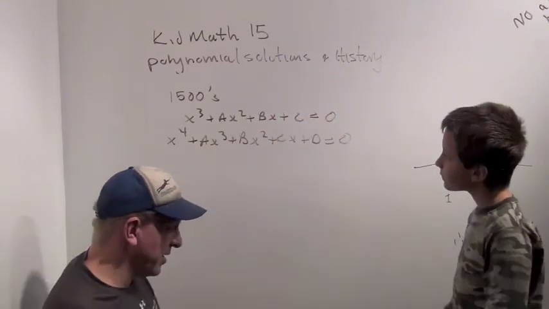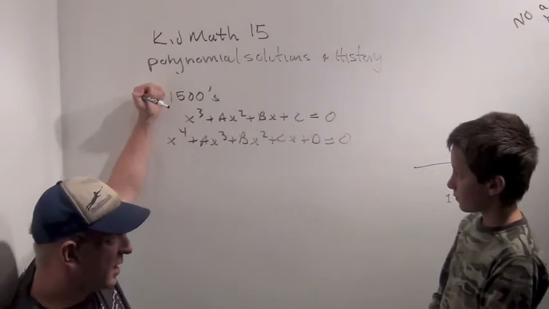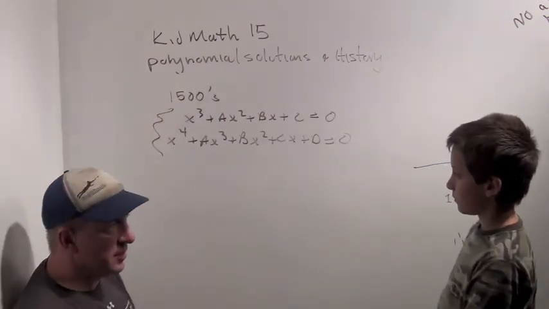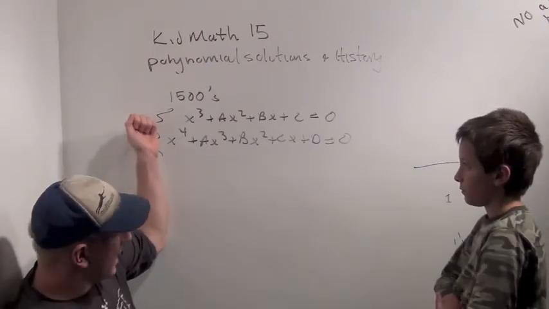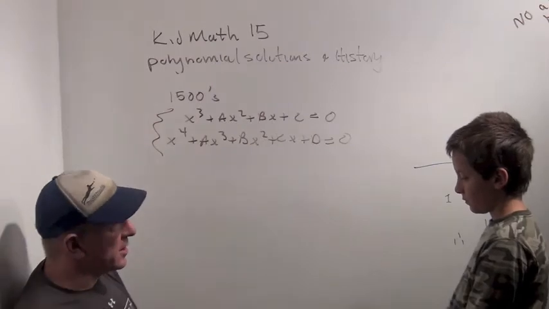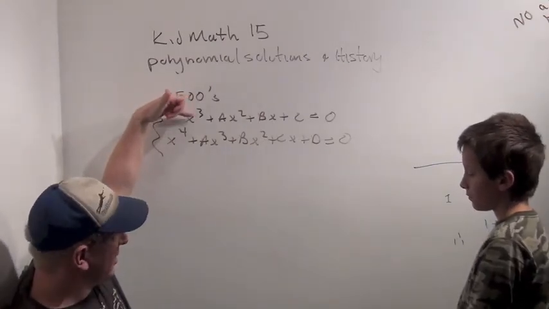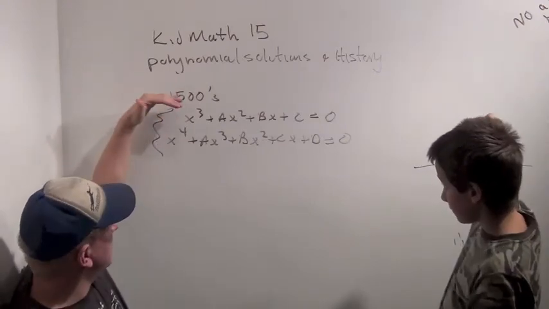There were 4 Italian mathematicians associated with solving these equations: Tartaglia, Cardano, Faro, and Ferrari. Cardano, Tartaglia and Faro solved the cubic, and Ferrari solved the quartic, in the mid 1500s.